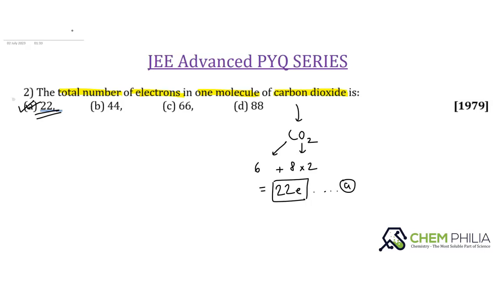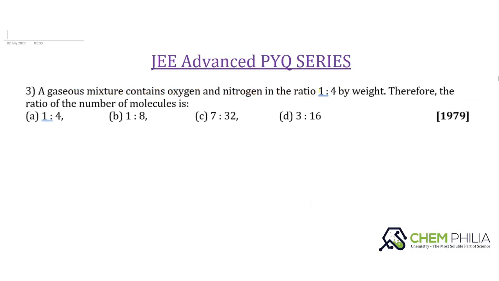Next, let us move on to this question. It is asking about a gaseous mixture that contains oxygen and nitrogen in the ratio of 1:4 by weight. That means it is the ratio of their masses, 1:4.